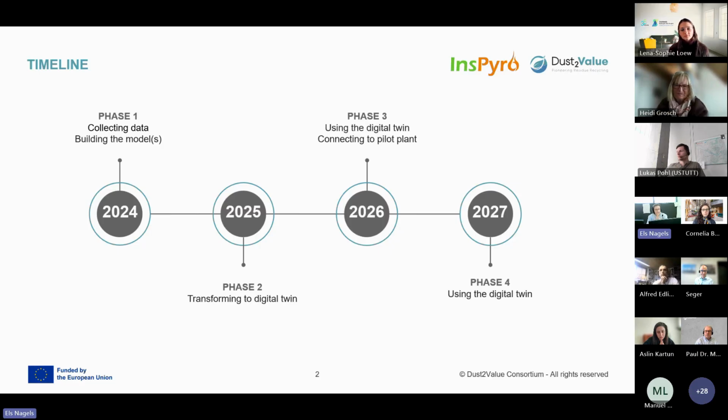At a point in the project you have to transform the models built into a digital twin. That's a bit of a crucial phase in this work package.